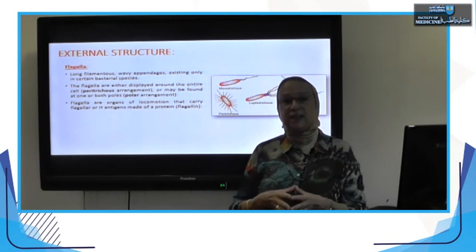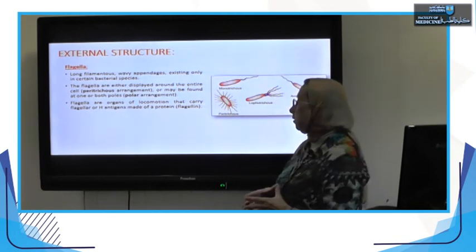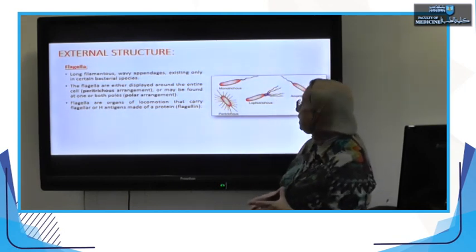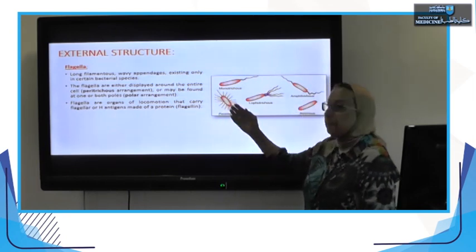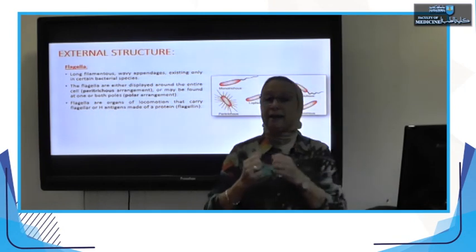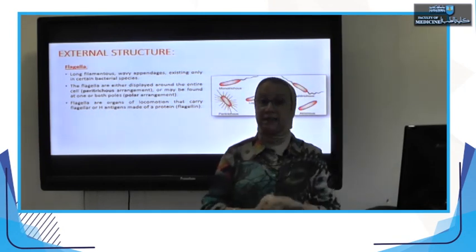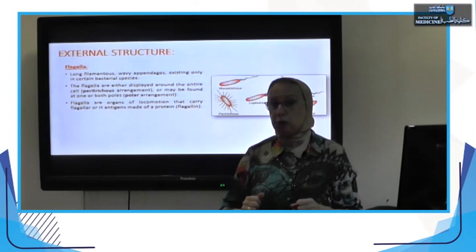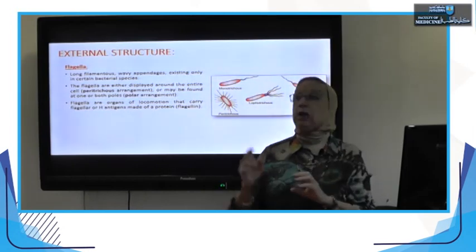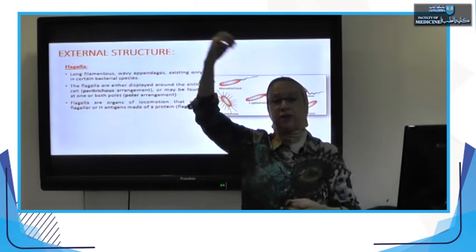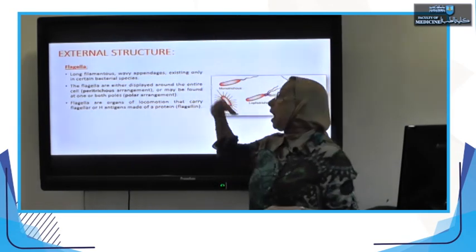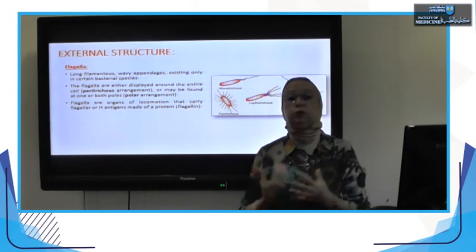It represents the H antigen in motile bacteria. And these flagella are firmly attached to the inside of the bacterial cell, like a plant which has roots and the outer part. They project to the outside.